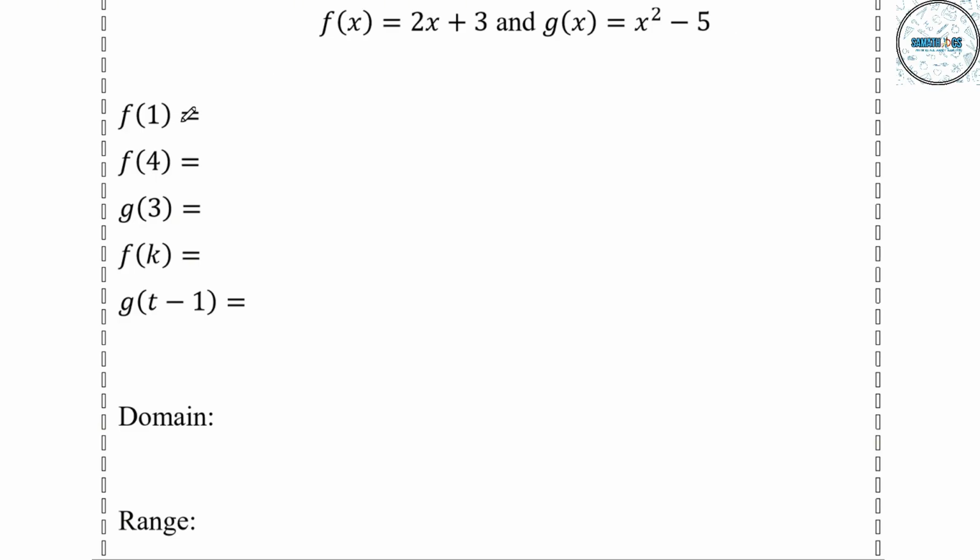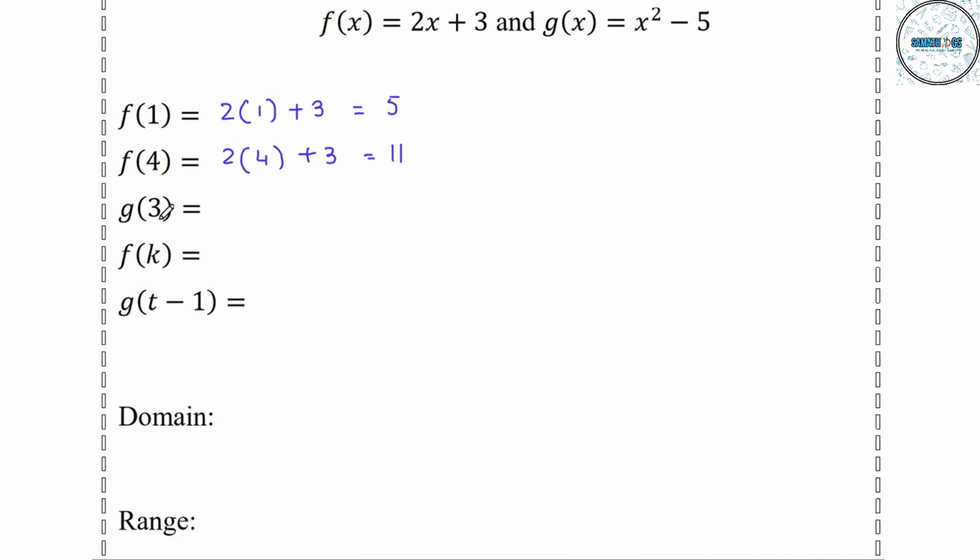If we have to find f of 1, it means that in function f, we have to substitute the value of x as 1. So we have here f of x is equal to 2x plus 3. So in place of x, we will substitute 1 here, which is equal to 5. F of 4 means that in function f, we have to substitute 4. 2 4s are 8. 8 plus 3 is equal to 11.